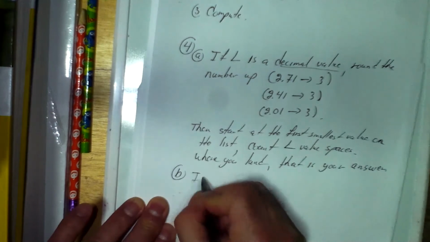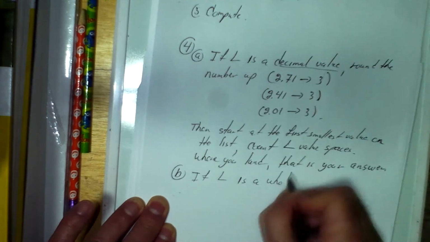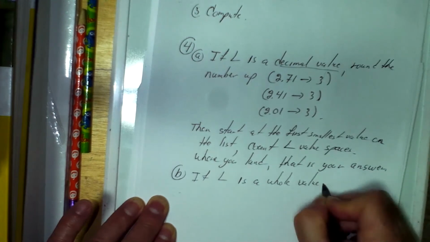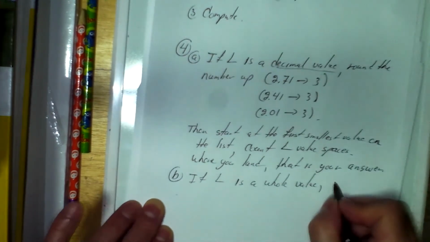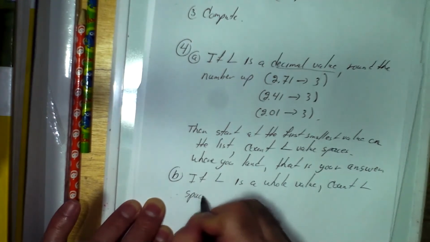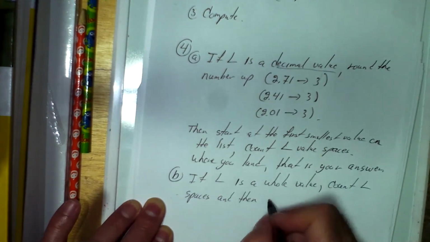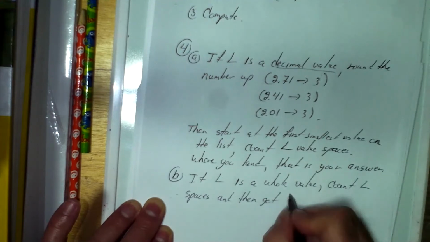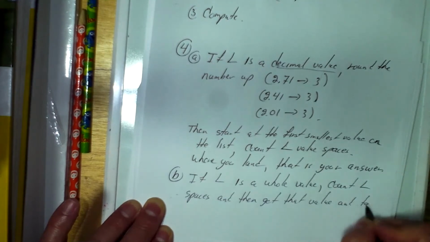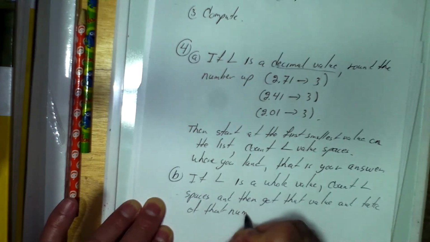If L is a whole value, I'm going to count L spaces and then get that value and take the average of that number and the one right after it.